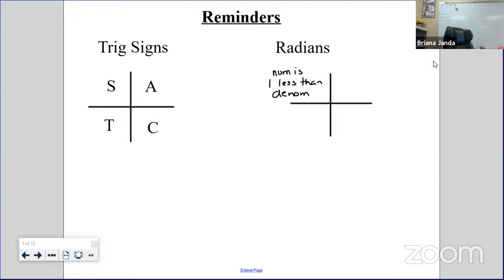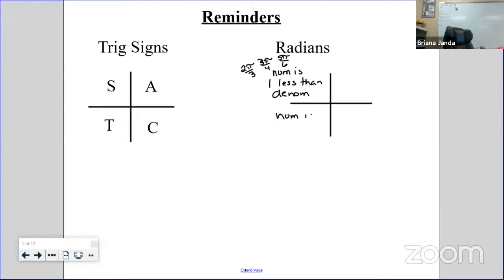We only have 3 options, pi over 6, pi over 4, and pi over 3, right? But to move us into quadrant 2, it's 1 less than our denominator: 2 pi over 3, 3 pi over 4, or 5 pi over 6. To move into quadrant 3, how does our numerator compare to our denominator? 1 more, right?